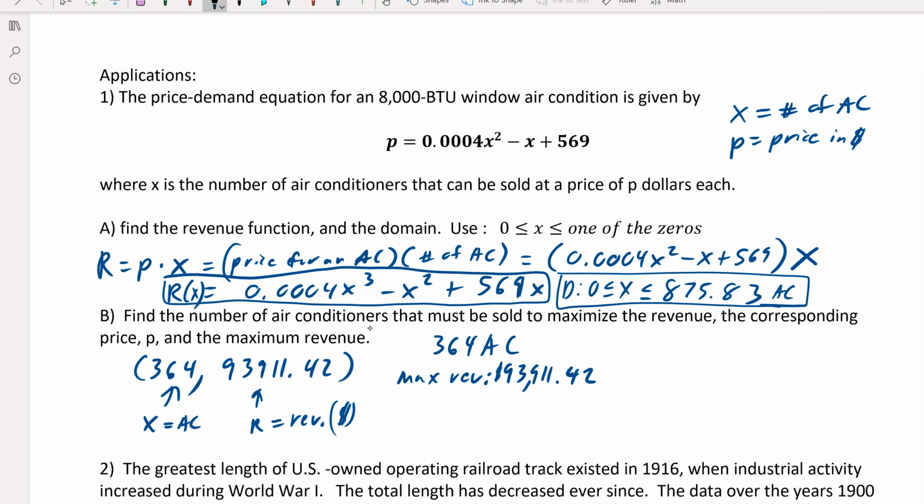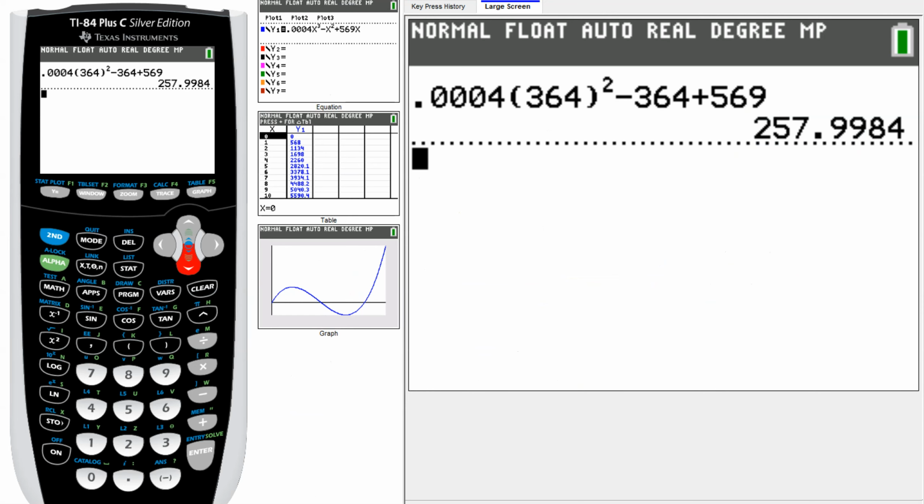And so now what's the important thing is what price do you sell it for? Well, you already have the X, so if we go back and plug our X into the top function, it tells us the price. So our price for 364 air conditioners would have to be what? How much do you need to charge so that you will sell 364 air conditioners and have a maximum revenue of $93,911?